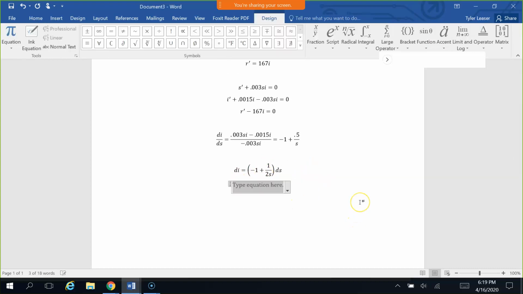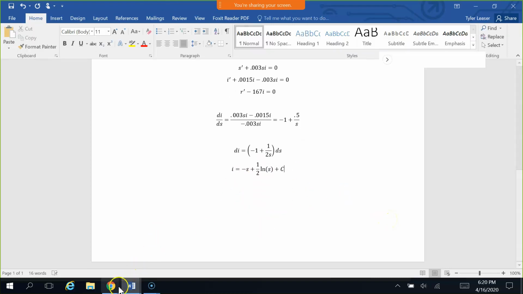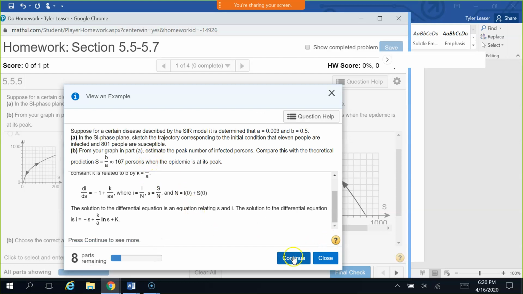And then we anti-differentiate. So this is just a 1, which anti-differentiates to be an I. But the right-hand side, negative 1 is going to change into a negative S. 1 over 2S is going to change to be plus 1/2 natural log of S. And then there's a plus C that I have to throw in there as well. Okay? So that's that part.